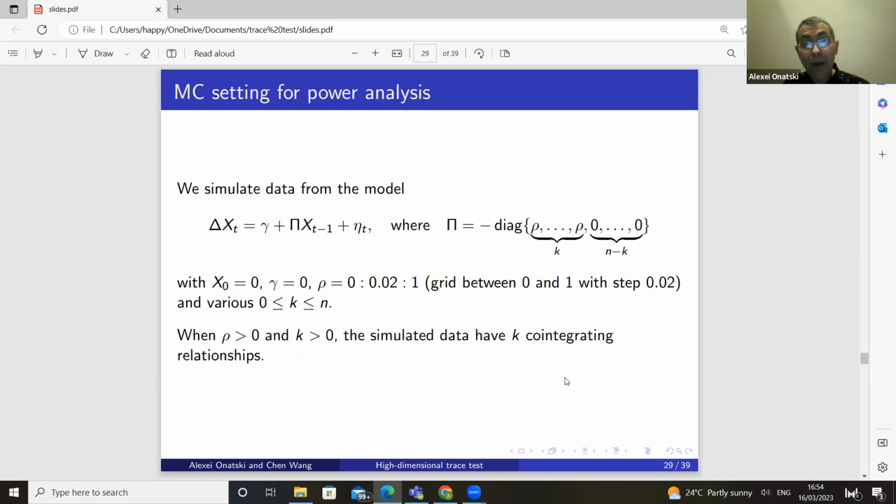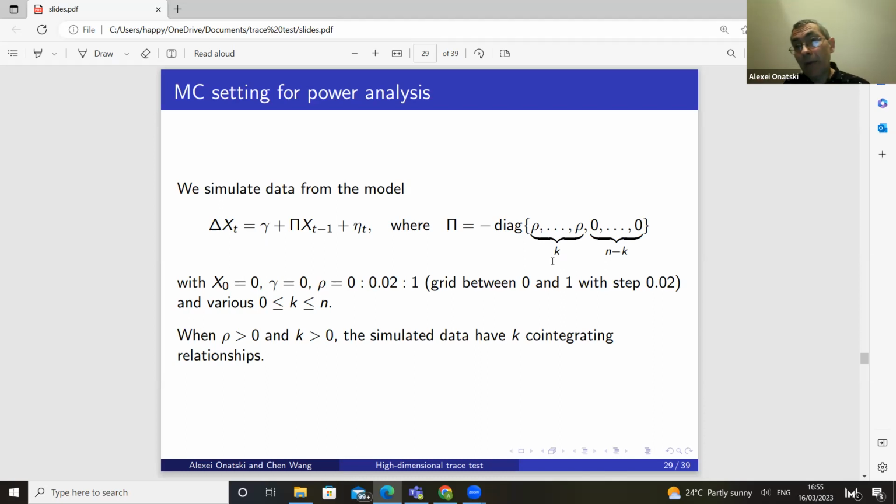Now, what about power? To analyze power, I'm using this very simple model. Again, it's the model that I consider, but matrix pi will be a diagonal matrix with some coefficients non-zero. I will call them rho, and all of them will be exactly the same rho. There may be k of them non-zero.